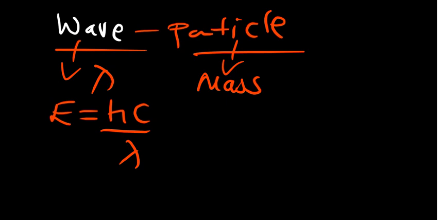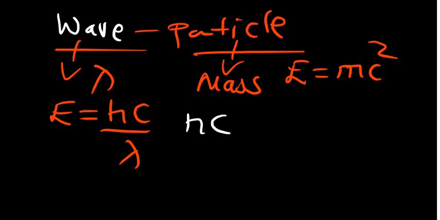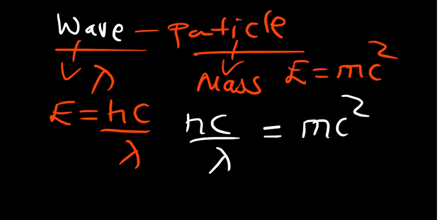What did he say about the particle? Energy is equal to what? Are we together? Yes, sir. So we can look at these guys. We equate them. hc over the wavelength is equal to mc squared. So one c can go away.